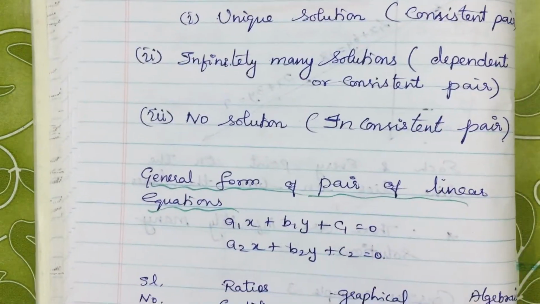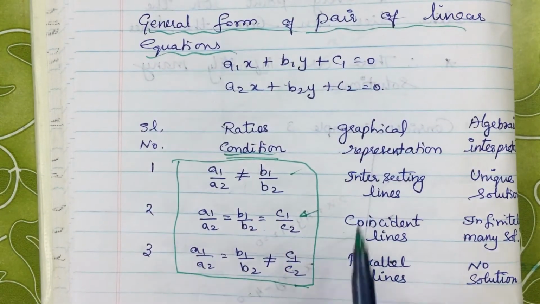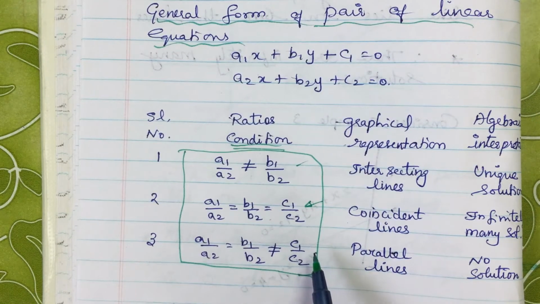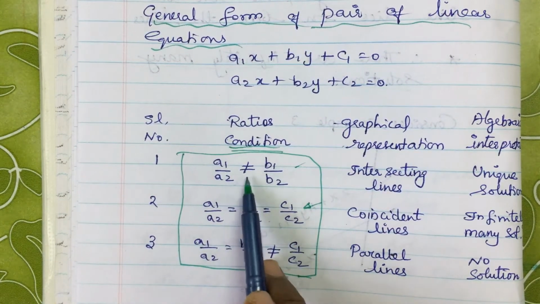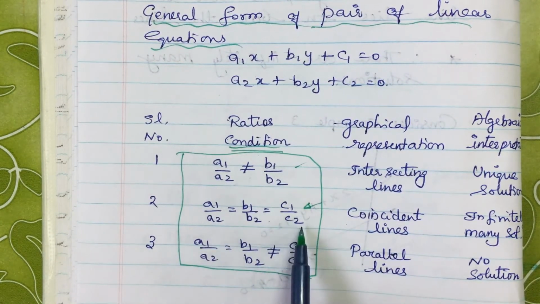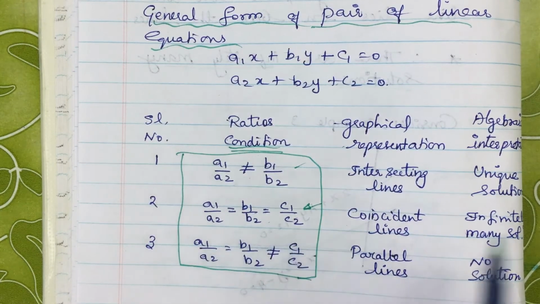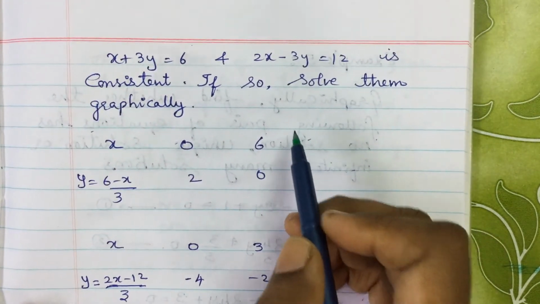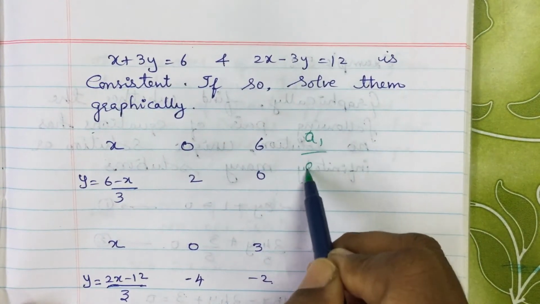So what is the condition for consistent? You have to verify the ratios, that is a1 by a2, b1 by b2, c1 by c2. You have to find them out and check whether they are equal or not equal, as given in this particular condition. So I am finding out a1 by a2.